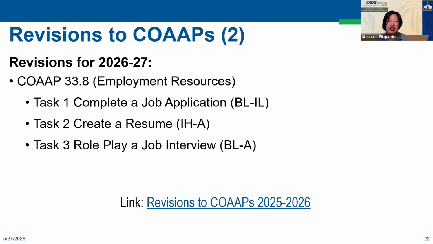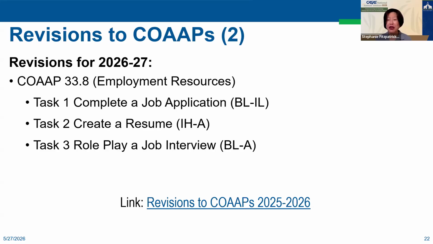I just want to mention these two revisions, 30.5 and also 33.8. These were suggestions and requests that came from agencies themselves, who were using the CO-Ap and thought maybe it would be better if something were different.